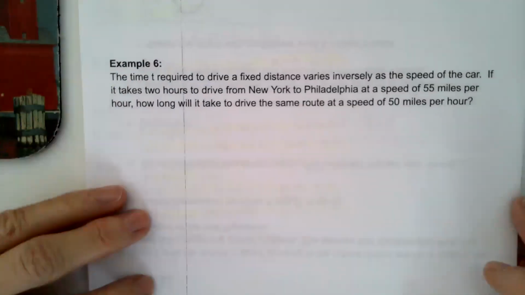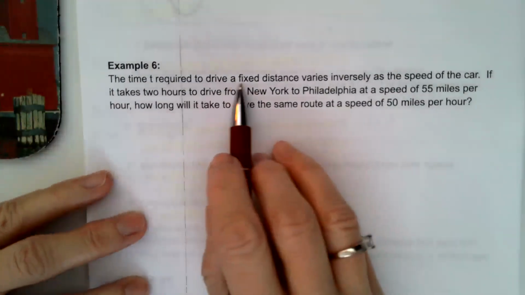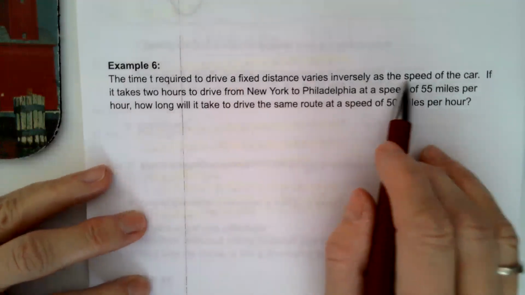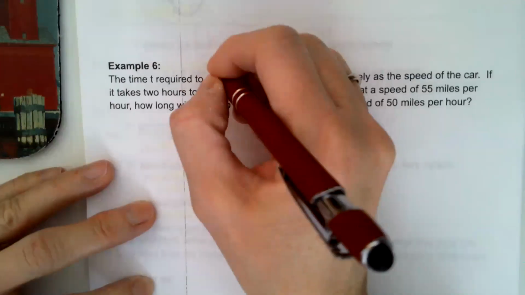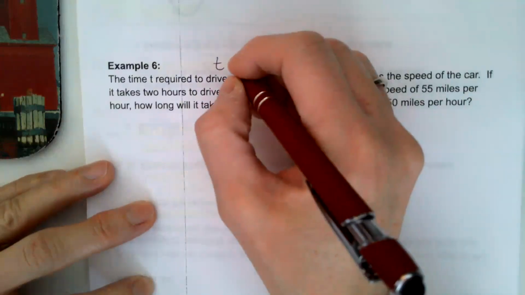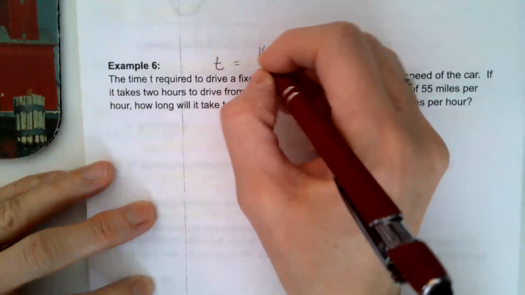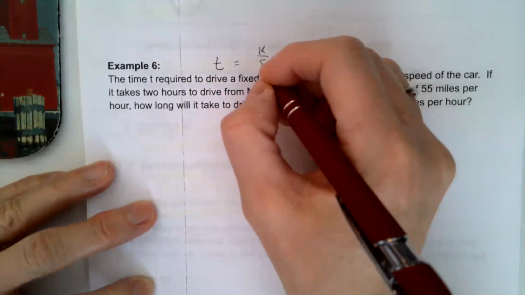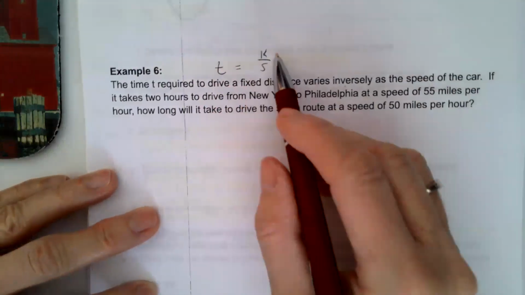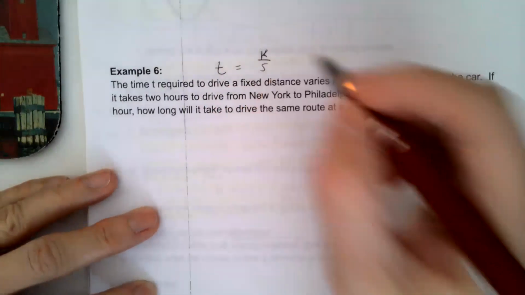Let's try this in an example. It says the time t required to drive a fixed distance varies inversely as the speed of the car. So the time t varies inversely as the speed. K is always on top of the independent variable.